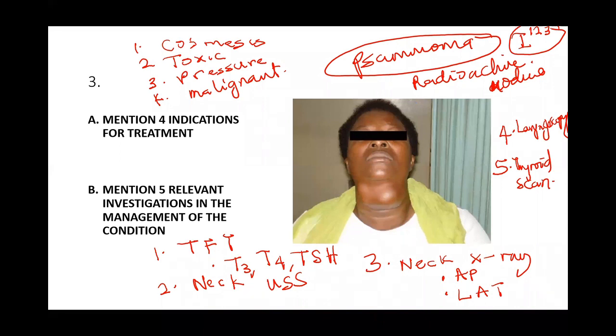It has a shorter half-life than iodine 131. Iodine 131 is used for radio ablation. They are used for treatment. They have a longer half-life. They completely ablate the gland and render the patient hypothyroid. So the iodine 123 is the one that is used for investigations. And this is usually given orally and the patient is isolated.